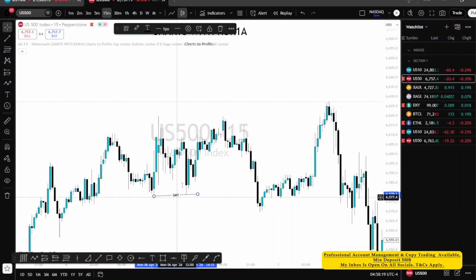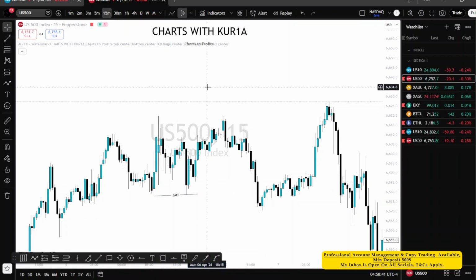You want to enter the trade on the asset that is forming higher lows, instead of the one that keeps sweeping its lows, because your stop losses will be set just below the lows. So you want to go with the one that is forming higher lows.